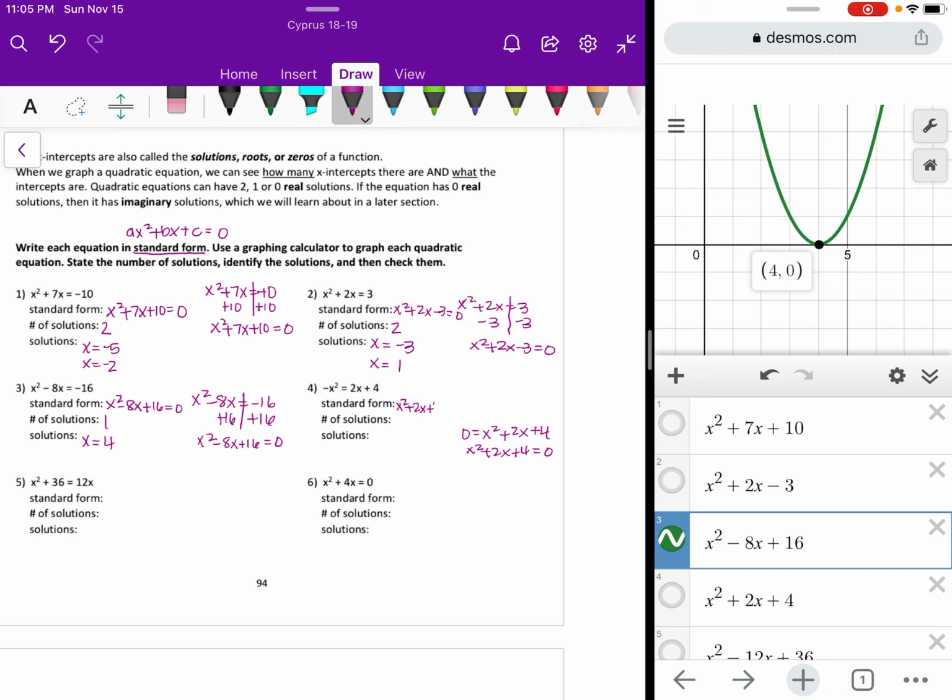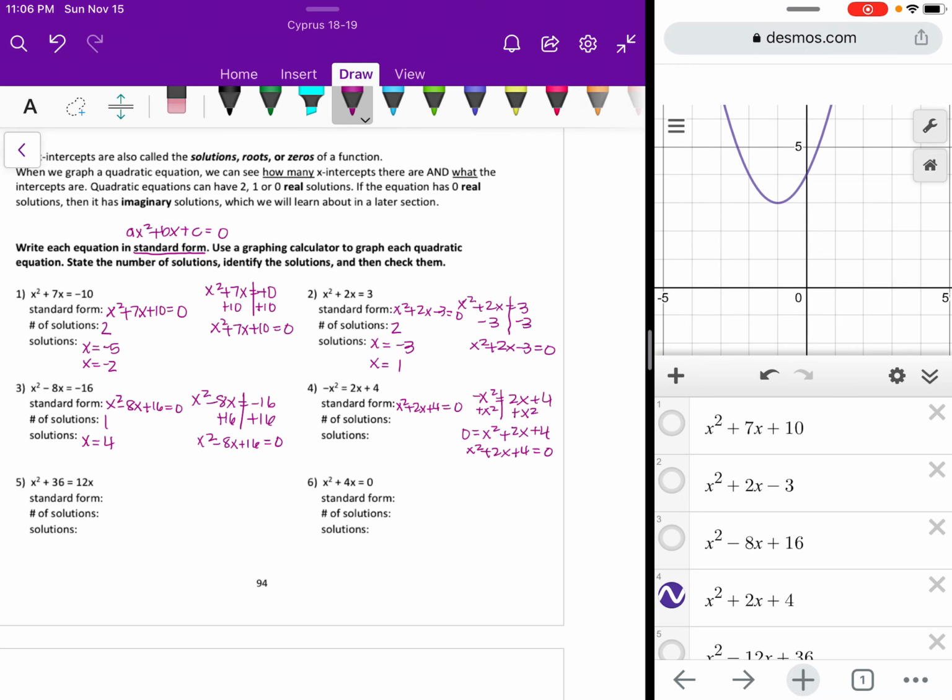I'm just going to clean it up. The work is still good. I'm just going to move it over. There we go. So I moved the x squared over to the right instead of everything else over to the left.